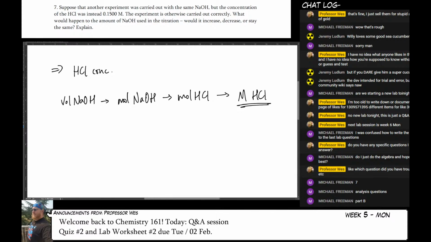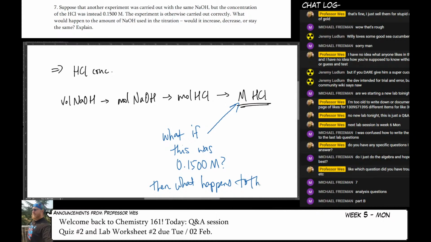So you get this number from the experiment, and that's from like parts 1 through 6. And then what part 7 says, well, what if this was... Is this the concentration? I can't read it on my screen. So it says, if this was 0.1500 molar, instead of whatever you got, then what happens to this?